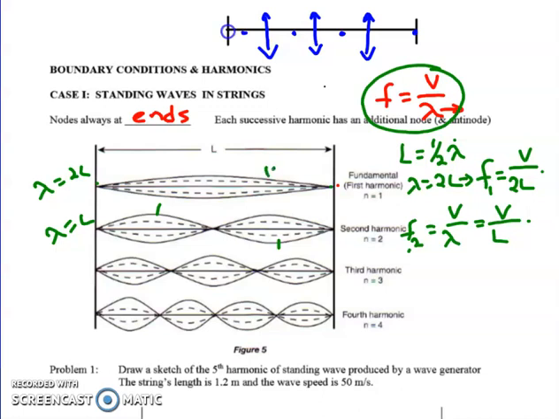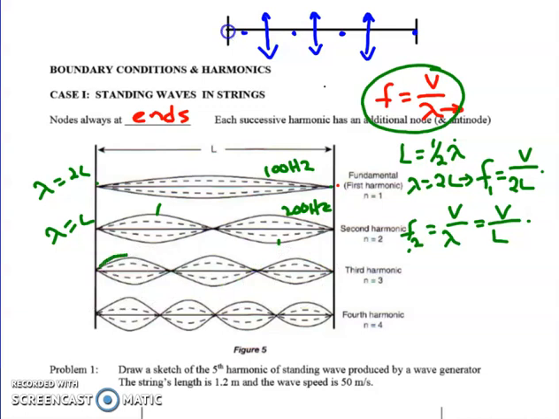So if this occurs at 100 hertz, for example, then this must occur at 200 hertz. And you can probably take a guess for the third harmonic, which now has 1, 2, 3, 4 nodes, or 1, 2, 3 antinodes, the frequency is going to occur at 300 hertz. But to prove that, let's do our analysis. So we have 1 and then 2, excuse me, I stand corrected, 1.5. Let me trace that again for you to see.